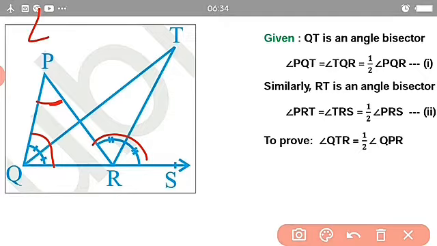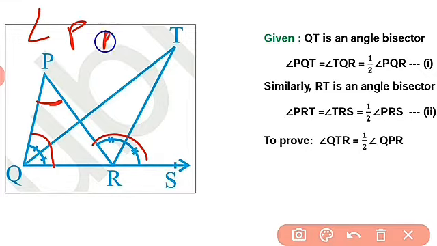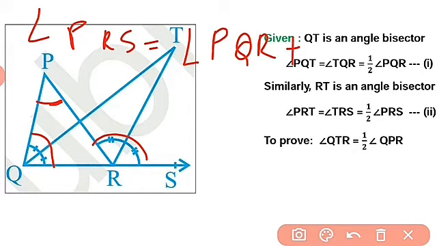Angle PRS is equal to angle PQR plus angle QPR.